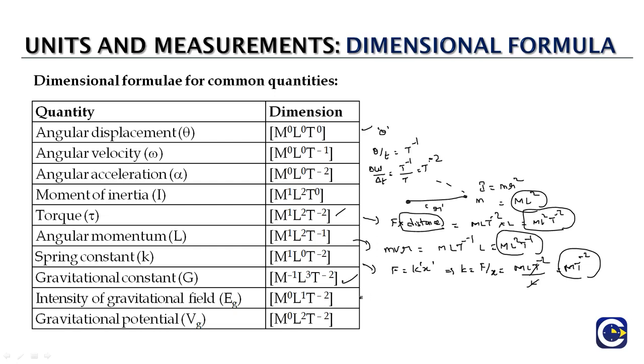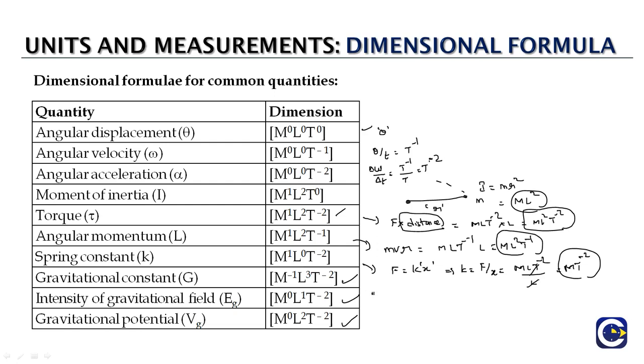The dimensional formula will be M^-1 L^3 T^-2. Then the intensity of the gravitational field is L T^-2, and the gravitational potential is L^2 T^-2. So whichever topic or new physical quantity we get, if we have an equation where this quantity appears and all the other quantities are known to us, we will be able to find the dimensional formula.